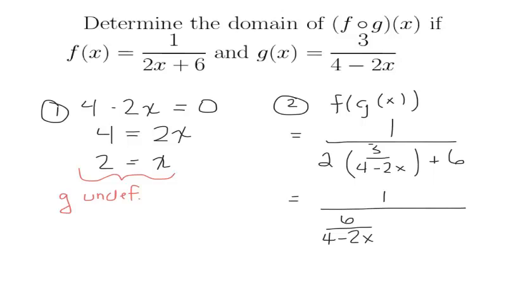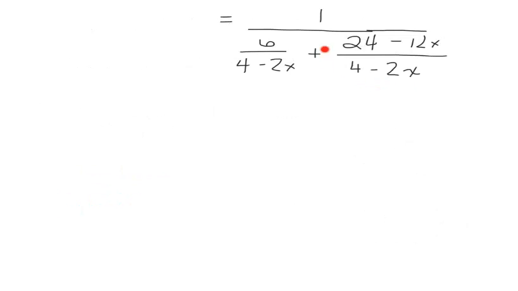And I'm going to change this 6 over here so that it has a common denominator of 4 minus 2x. So inside of our numerator, we're going to have 6 times 4 minus 2x. And then it's going to be up to us to do this distribution of the 6 to the 4 and to the negative 2. This gives us 24 minus 12x all over 4 minus 2x.